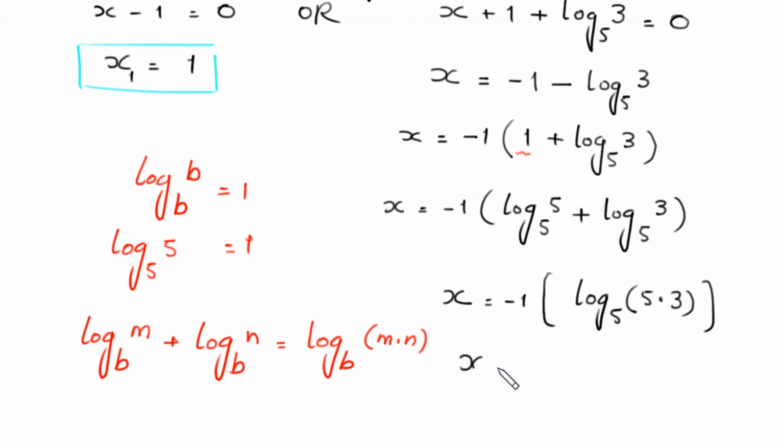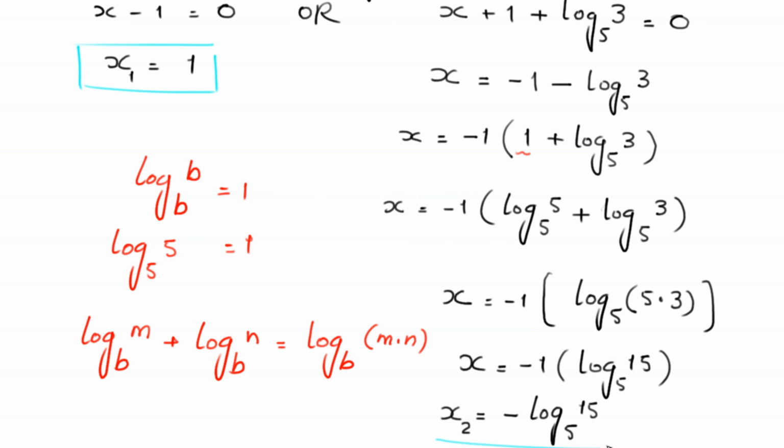Next, x is equal to negative 1 times log base 5 of, this 5 times 3 will become 15. And finally x is equal to negative 1 times this expression, negative log base 5 of 15. This is the second value of x, this is the second solution of this equation.